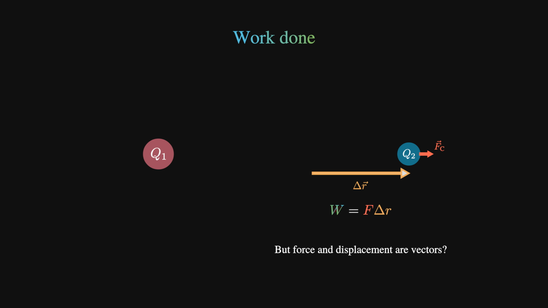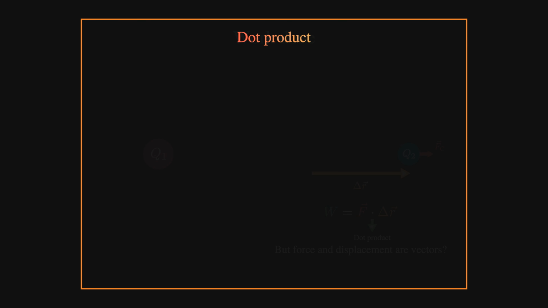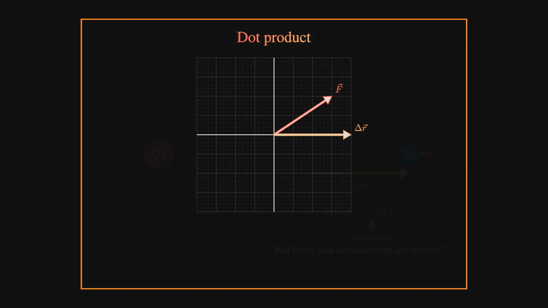Now, the formula for work done can cause a lot of confusion. It is often written as the force required to move an object along a path delta R times delta R. However, as we know, the force and displacement are vectors, not scalars. We therefore instead express the work done as a dot product between F and delta R. For those unfamiliar with dot products, there are a lot of great videos out there explaining it, but it's basically a measure of how much a vector maps onto another.